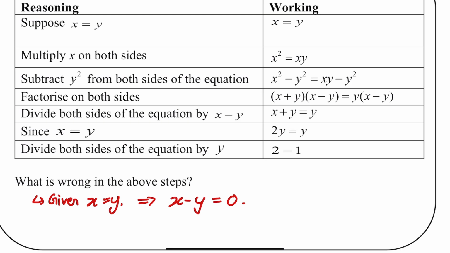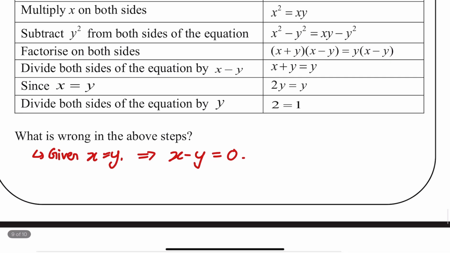And when I divide an equation by 0, can you divide any number by 0? You go to your calculator and you press 2 divided by 0, 3 divided by 0. Any number divided by 0, you'll get a math error and it's invalid, because you cannot divide any number, any equation by 0.